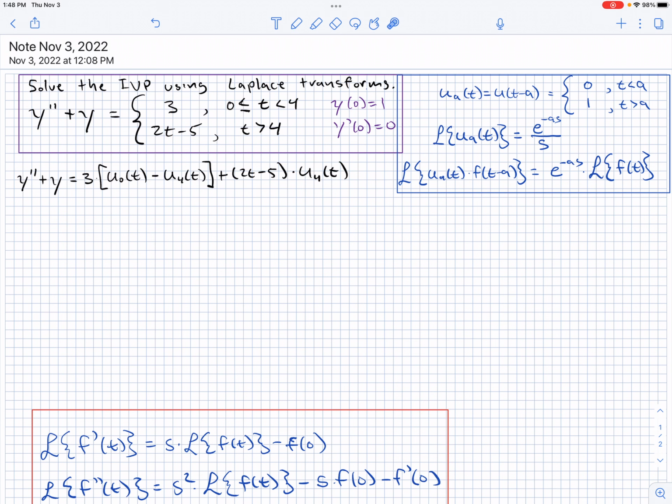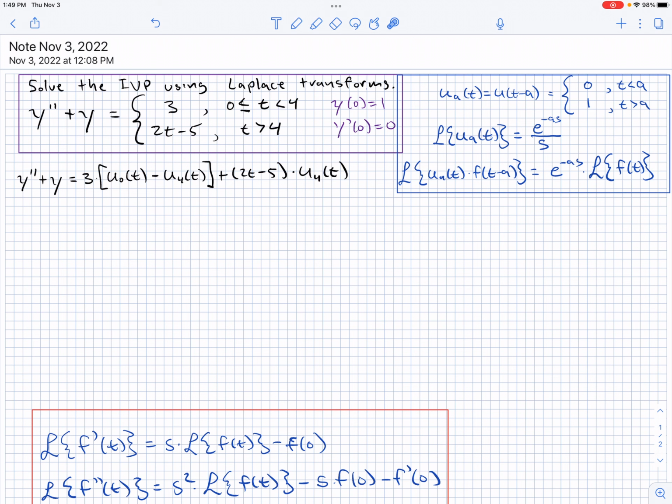So just to go over again why we do this: we want to essentially mimic these functions with these intervals. For the step function where a is 0, to the left of a it is 0, to the right it is 1. We are only going to the right of 0, so this is going to be 1. That's why I said this is just going to be 1. Minus u sub 4 of t, the step function of that.